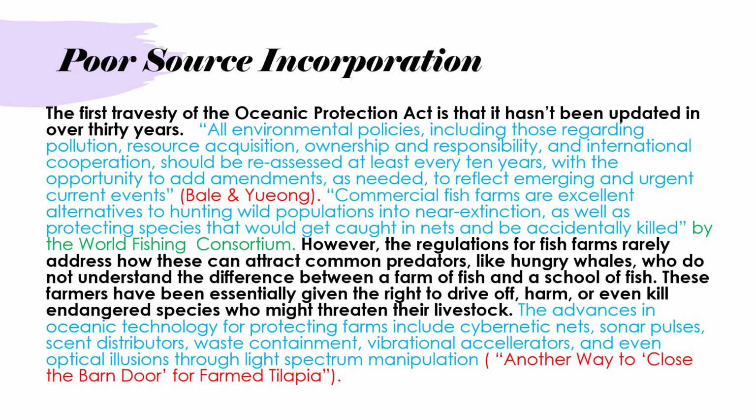"Because we have the advances in oceanic technology for protecting farms include cybernetic nets, sonar pulses, scent distributors, waste containment, vibrational accelerators, and even optical illusions through light spectrum manipulation." So that kind of fits because it's talking about protecting farms from, like, whales, apparently. But it still doesn't quite make sense.